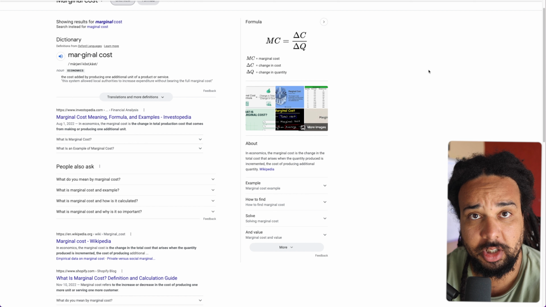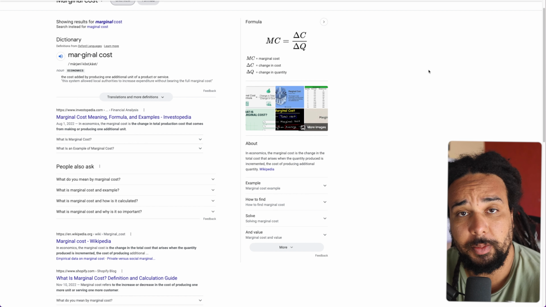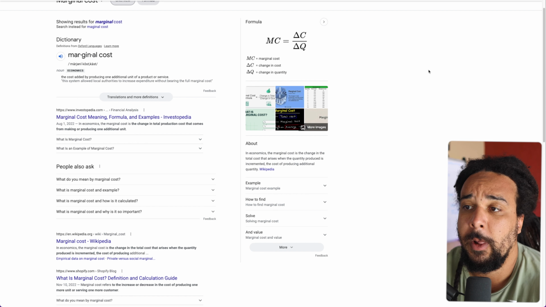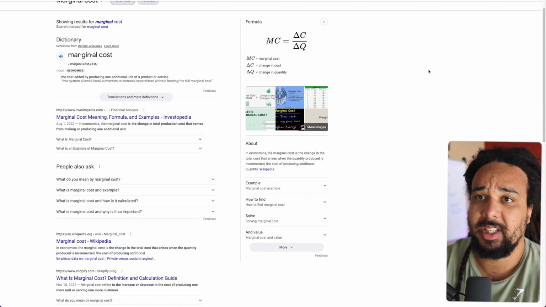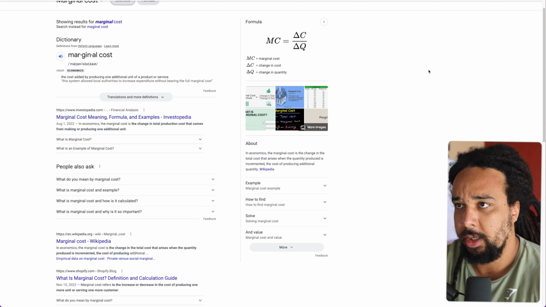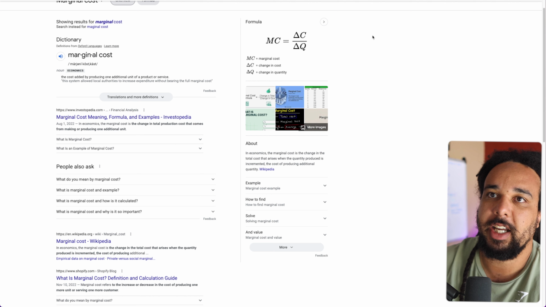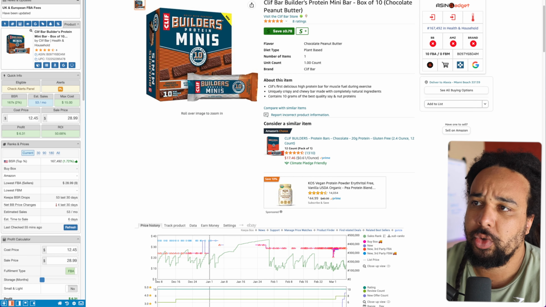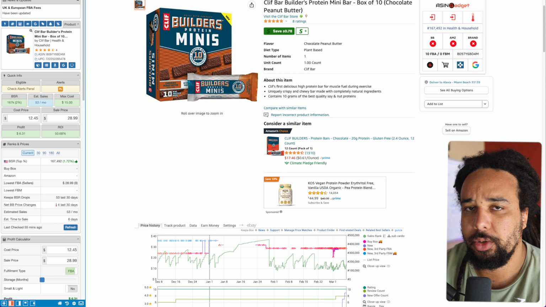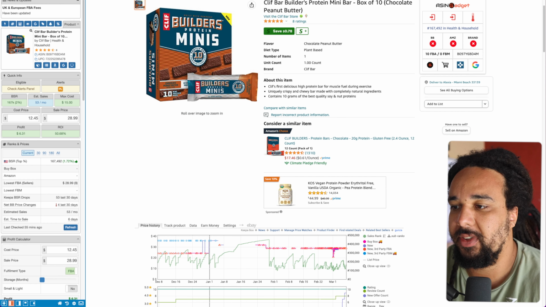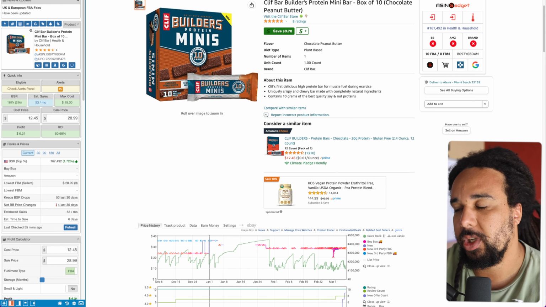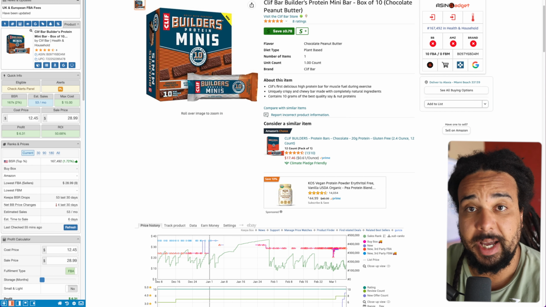Anything that's marginal when it comes to economics is always about what happens if you produce one more unit, if there's one more something, then how is it going to affect the thing, right? And I want to introduce a new term that may help you understand the Amazon ecosystem better, right? We are going to call it the marginal buy box price.